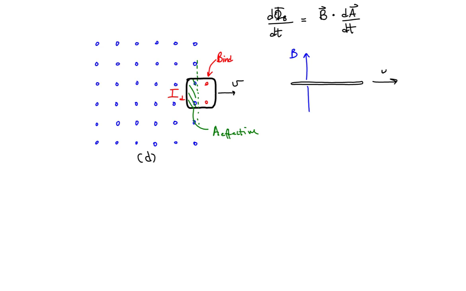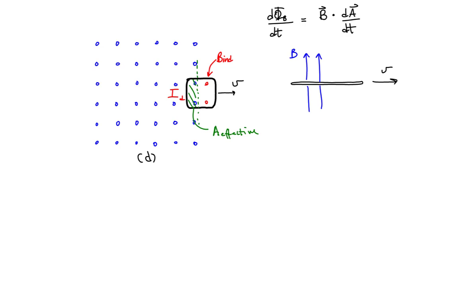As the conducting loop is moving to the right, fewer and fewer magnetic field lines cross the plane of the conducting loop. Because fewer and fewer magnetic field lines cross the plane of the conducting loop, the change of magnetic flux wants to prevent that. It wants to create a magnetic force to try to keep the loop from leaving, to try to keep the loop from changing the magnetic flux.